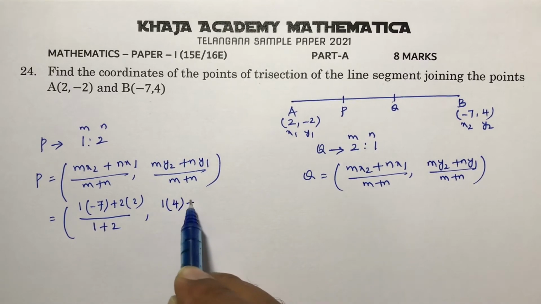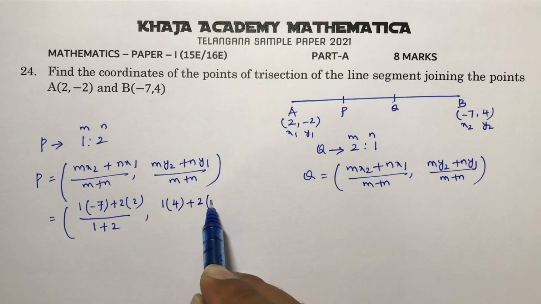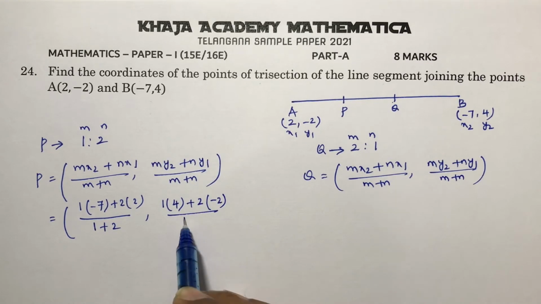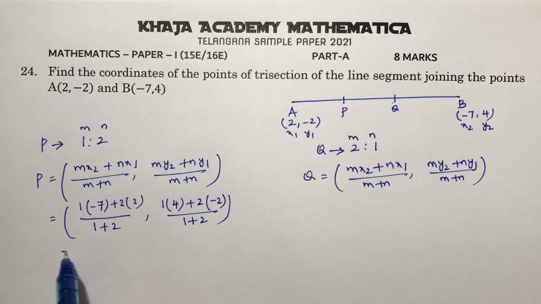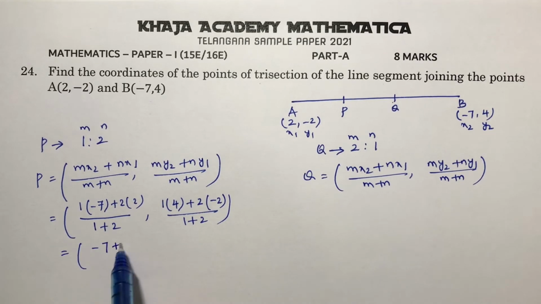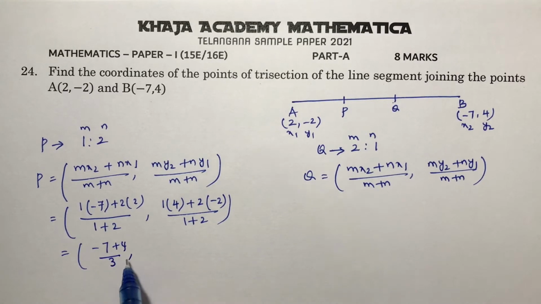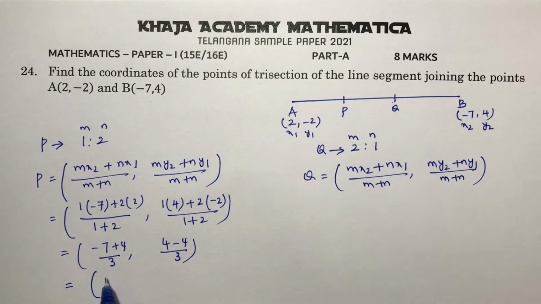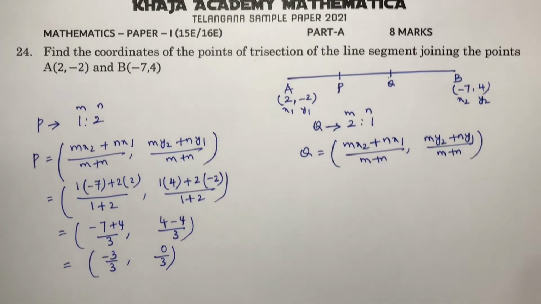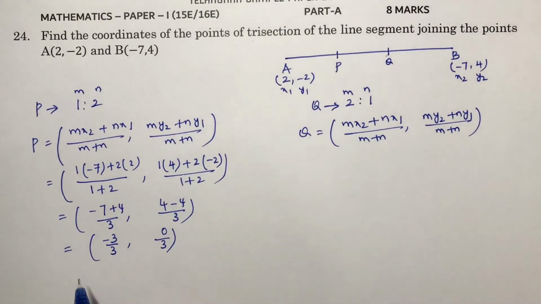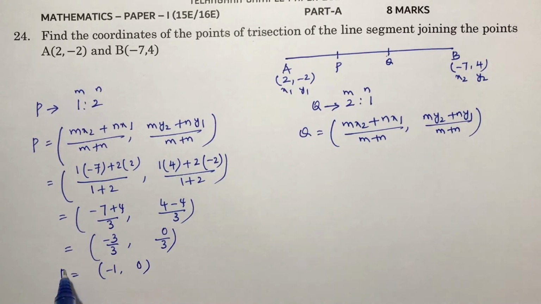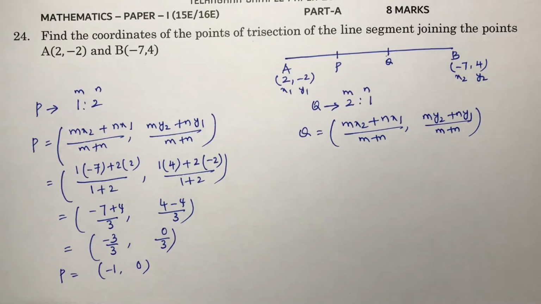For y, m times y2 is 4, n times y1 is -2, by 1 plus 2. So -7 plus 4 by 3, 4 minus 4 by 3, that is -3 by 3, and 0 by 3. So -3 by 3 is -1, 0 by 3 is 0. Therefore the point P is (-1, 0).